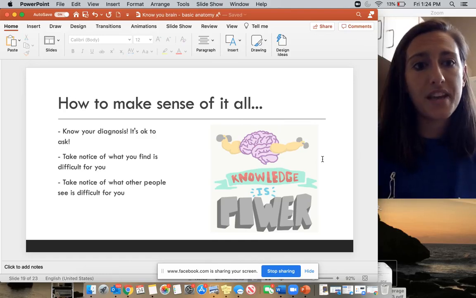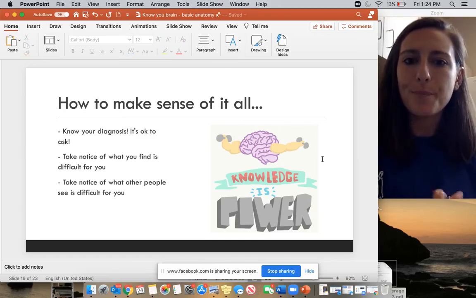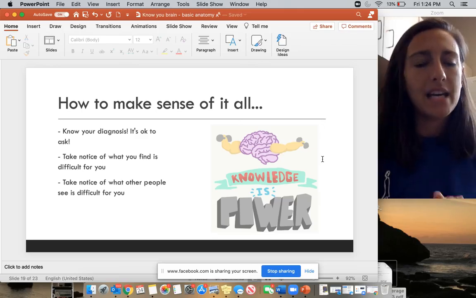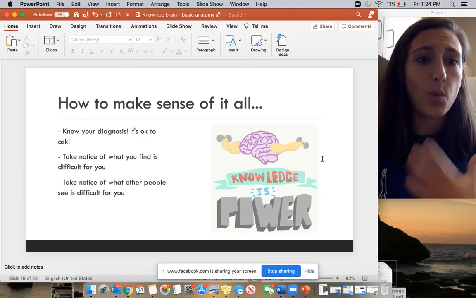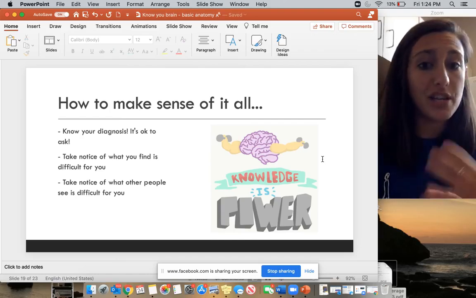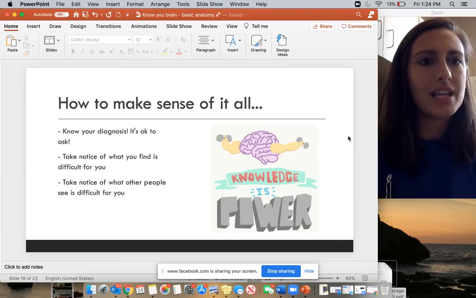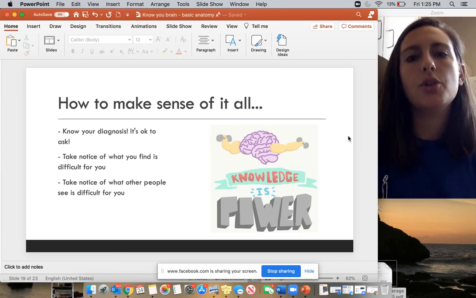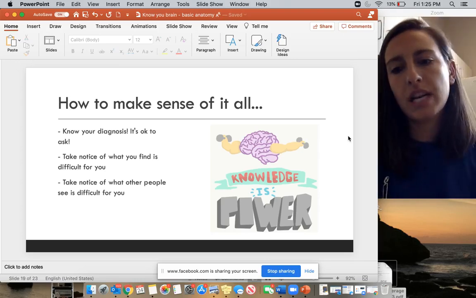A couple simple things to do, though they're not the most simple, is to know your diagnosis. Don't be afraid to ask where your stroke was. Knowledge is power. Like it's saying right here, being more aware of what's hard for you can set you up really well to continue on in your rehab journey.